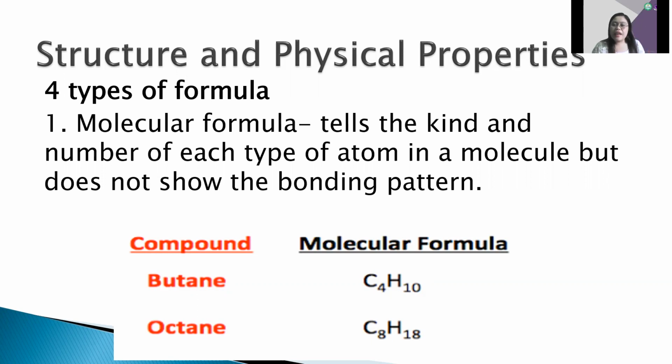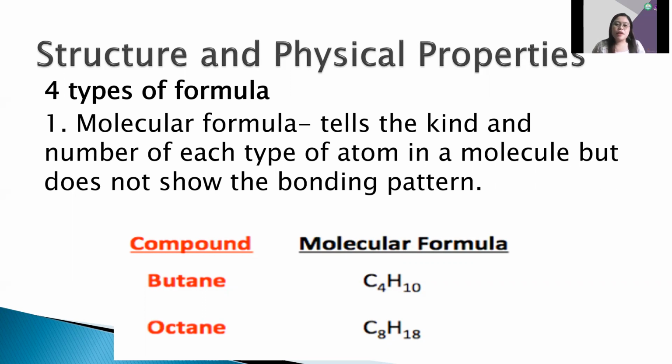The same as in inorganic chemistry, the molecular formula tells us what elements are present in our compound and the number of atoms, also represented by subscripts. However, the molecular formula will not show us the bonding pattern, whether single bond or double bond, or which elements are bonded to which. When you say molecular formula, we only identify the atoms or elements present and the number of atoms.